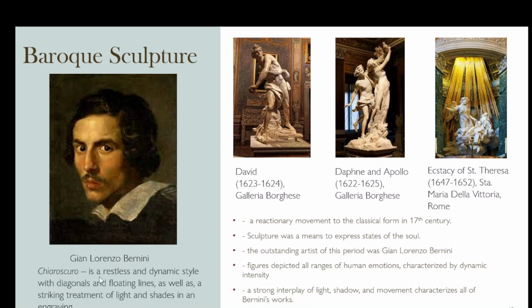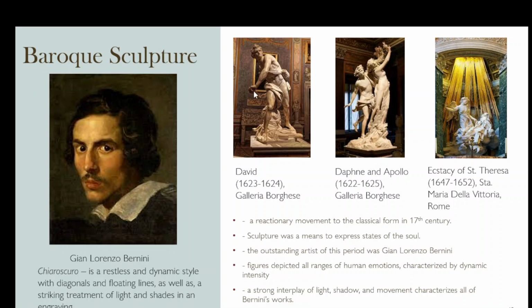It is a restless and dynamic style with diagonals and floating lines, as well as striking treatment of light and shades in an engraving. Meron din siyang David. Ito ay matatagpuan sa Galleria Borghese. Daphne and Apollo. Ito yung ilan sa kanyang mga notable sculptures. Ecstasy of Saint Teresa.